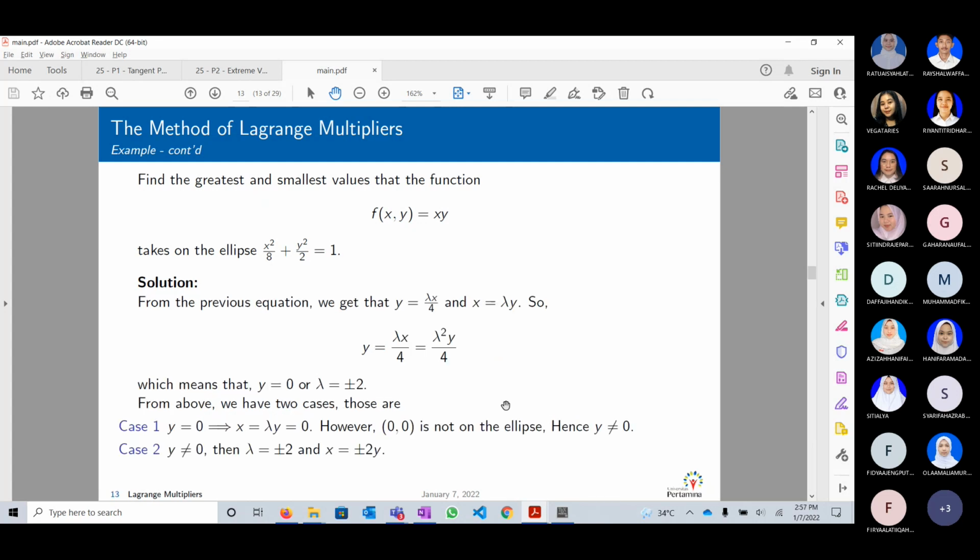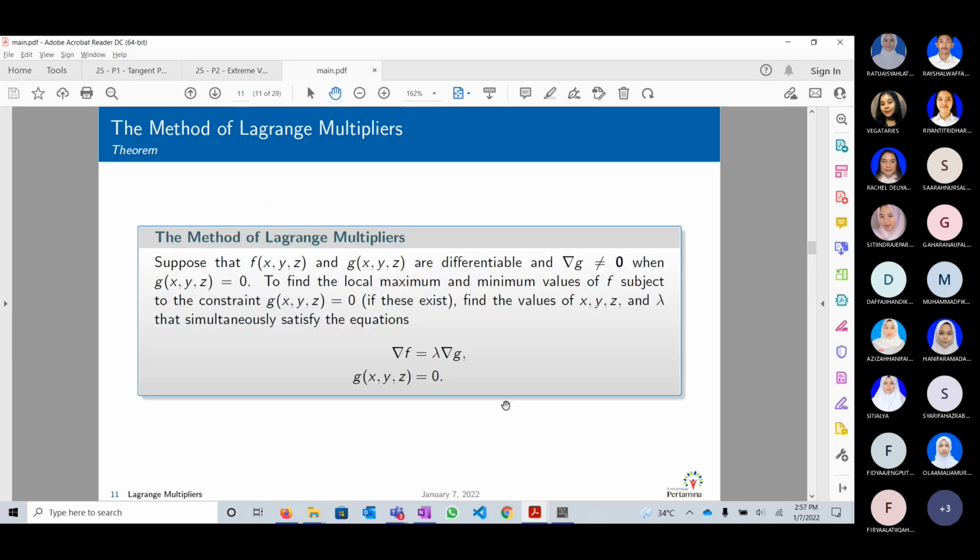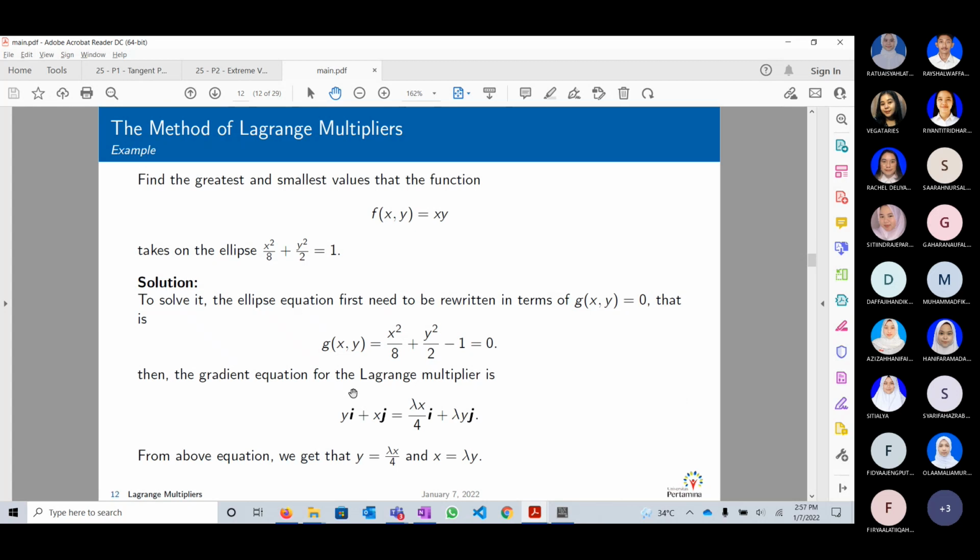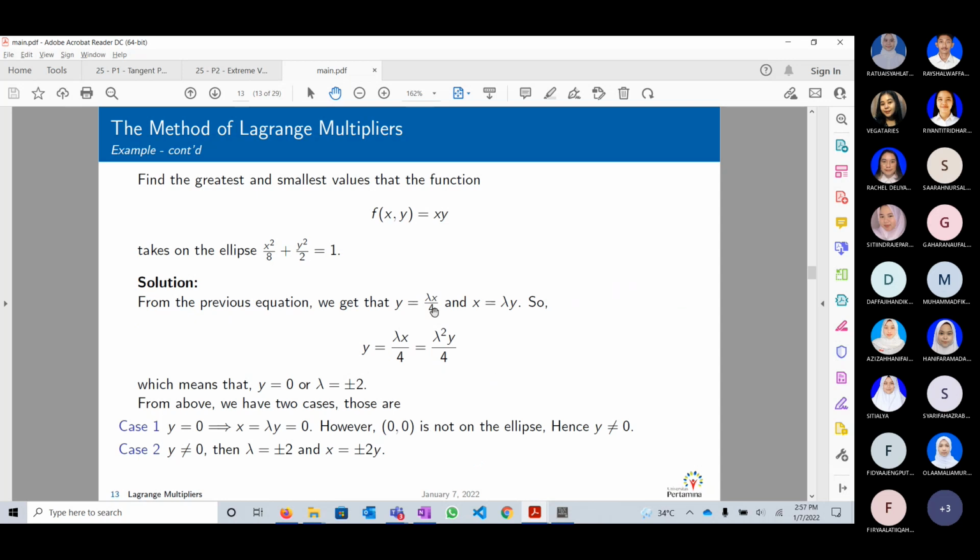Jadi pertama kita tuliskan dulu persamaan grad f sama dengan lambda grad g dan g x y sama dengan 0. Itu ini, dua ini. Kemudian kita selesaikan lambda, x, dan y-nya secara bersamaan yang harus memenuhi kedua persamaan tersebut.